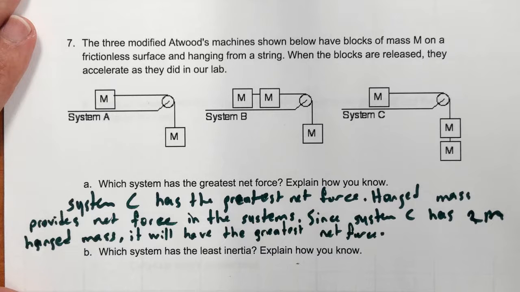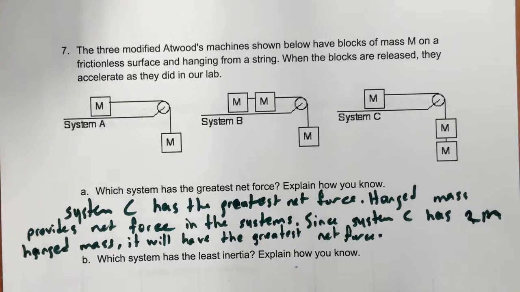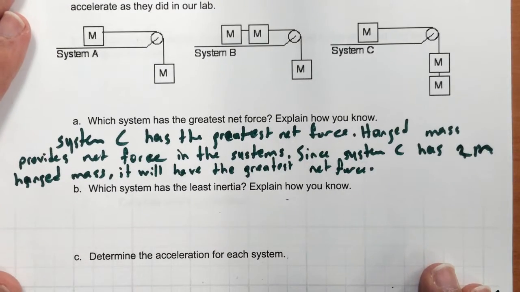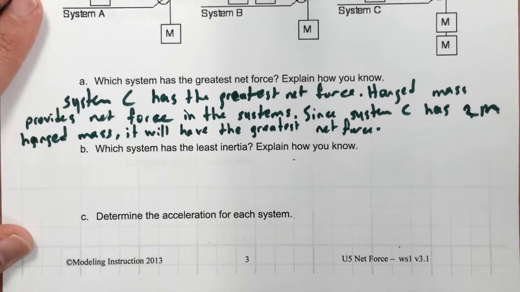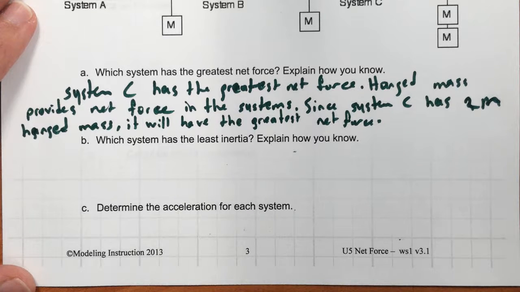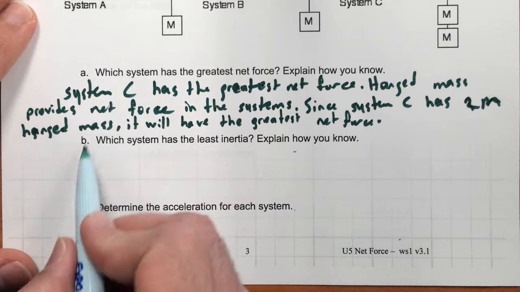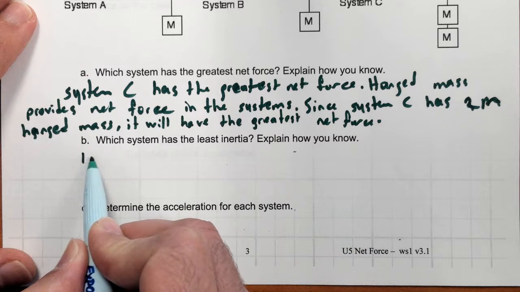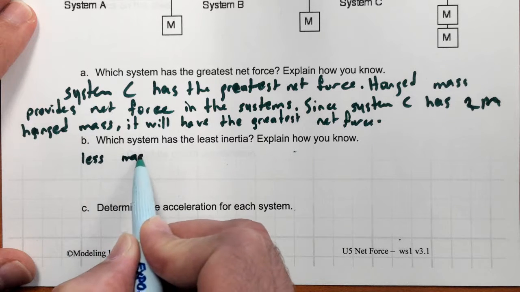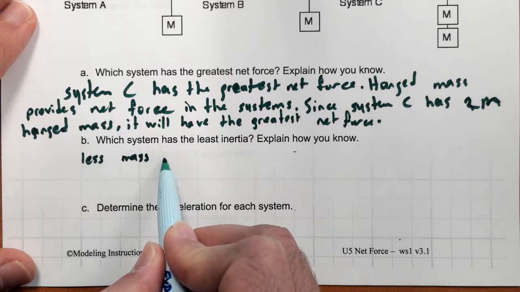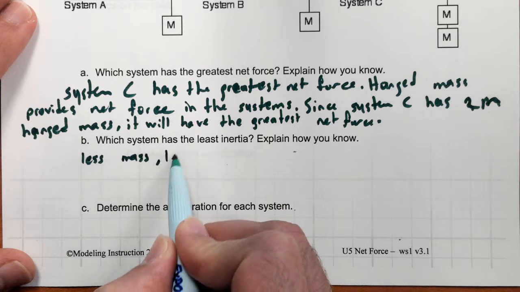So now, which system has less inertia? For inertia, the only thing that we are looking at is the mass, we are just comparing the mass of it. So which system has the least inertia, which means less mass. Less mass, less inertia.